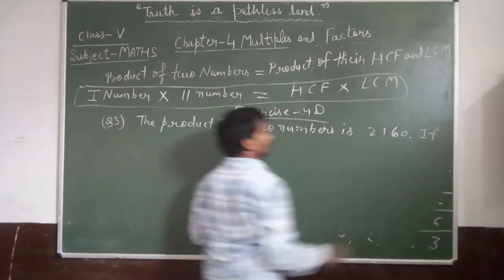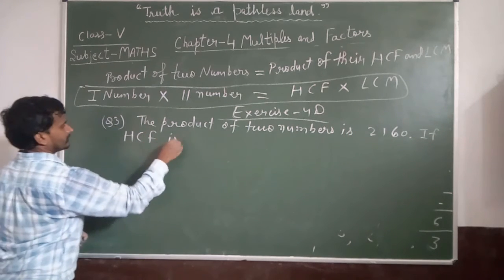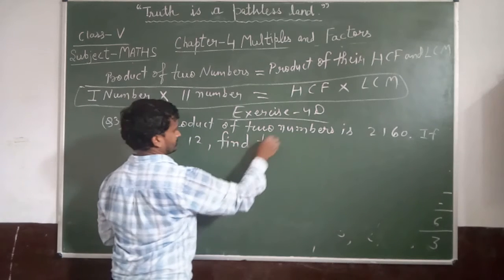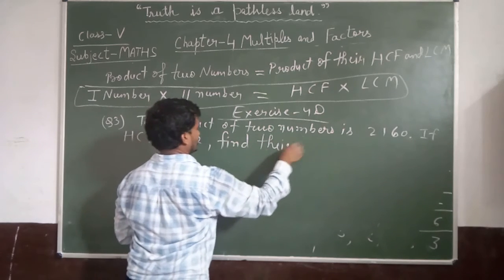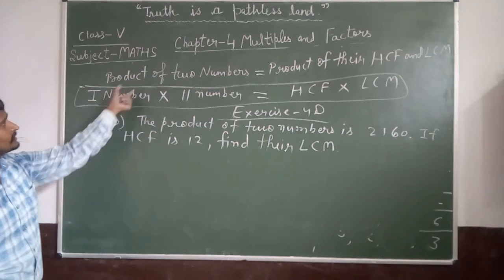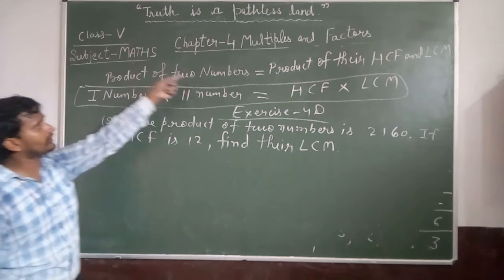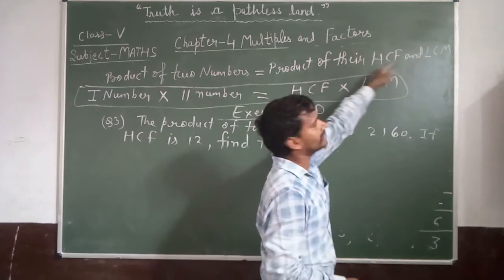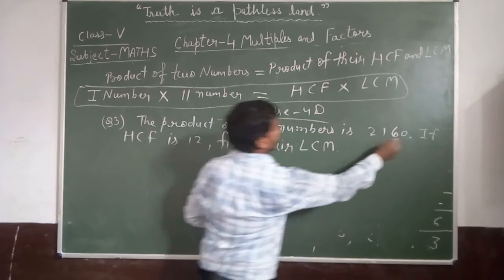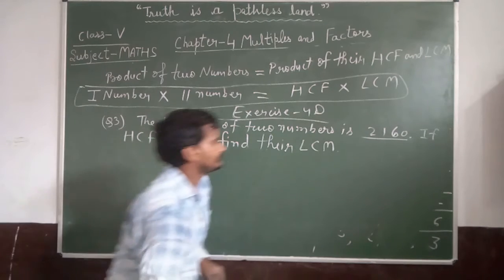If HCF is 12, find their LCM. Now we will use this property. As we know, product of two numbers equal to product of their HCF and LCM. And here product is already given. First of all, we will write formula.